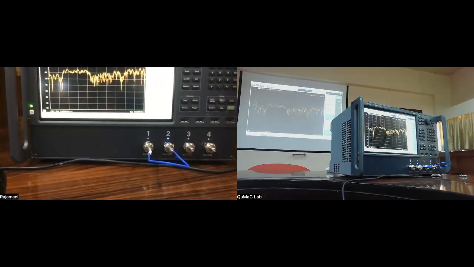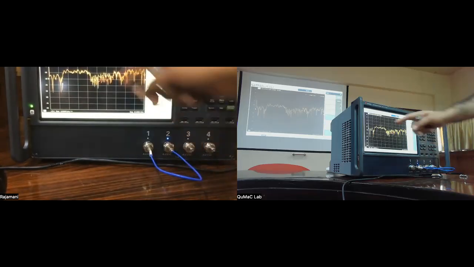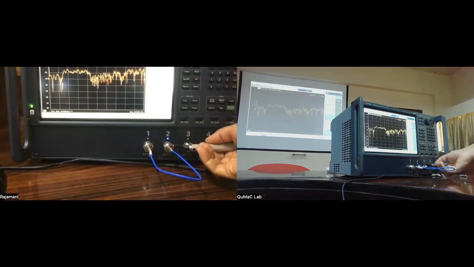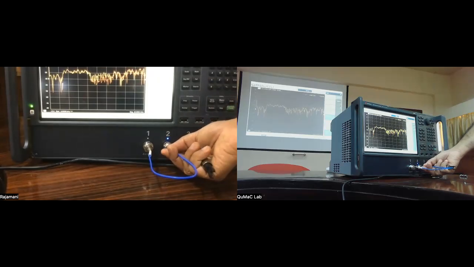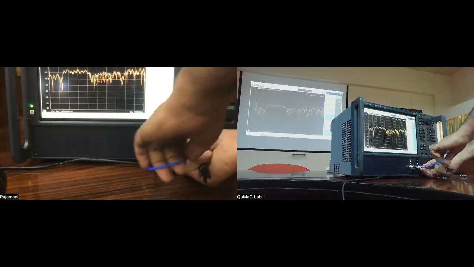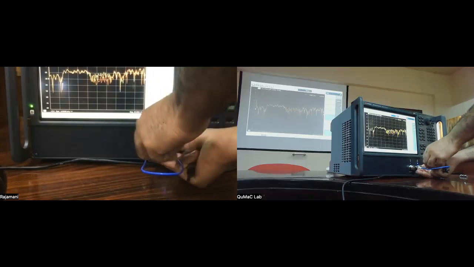It just seems to be something to do with these cables, that they have slightly poor reflection in this frequency range. But again, we're talking about slightly more than 1% reflection. So it's not a bad, like a cable which cannot be used.